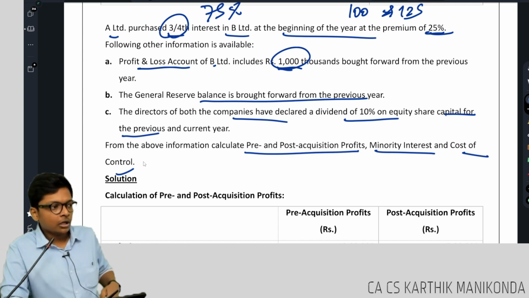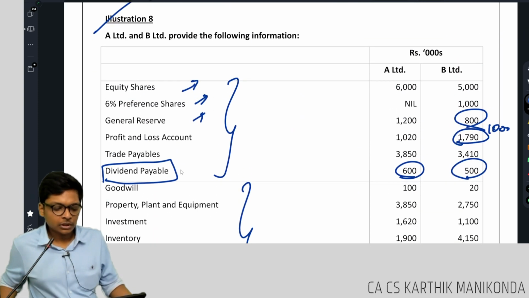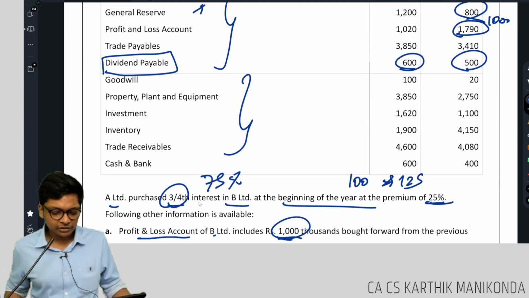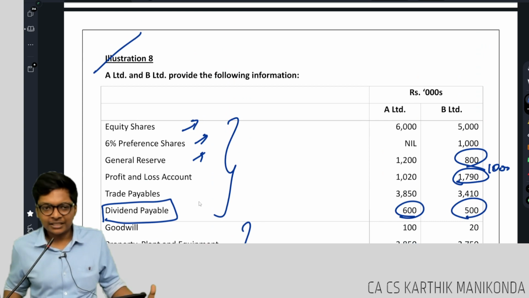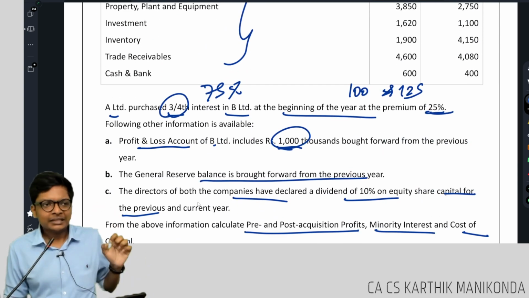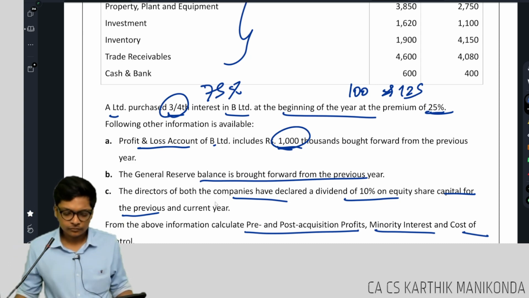First write down step 1. What is step 1? Date of acquisition and date of consolidation. Date of acquisition, they have not given the year itself. So you can write date of acquisition, beginning of the year. Date of consolidation, end of the year. That's it. Correct?